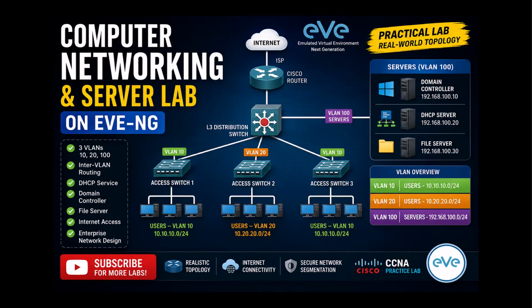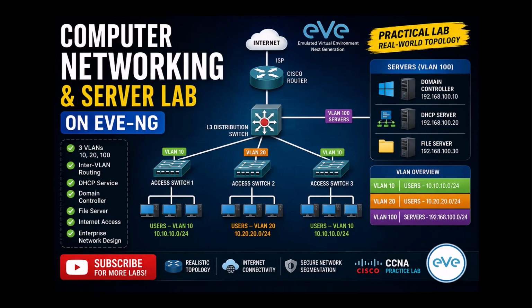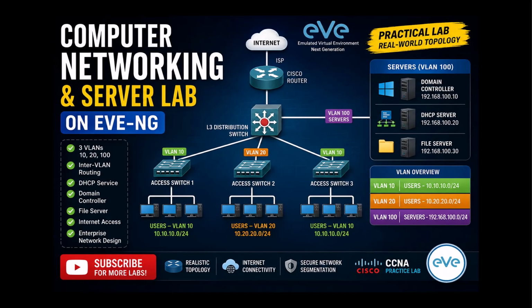We can also check that the devices are communicating by using the ping command. We can test the ping between the VLAN 20 device, VLAN 10 device, and VLAN 100 device. And the rest we'll see in the next video. Let's wait for video 4, coming soon. Thank you for watching this video.